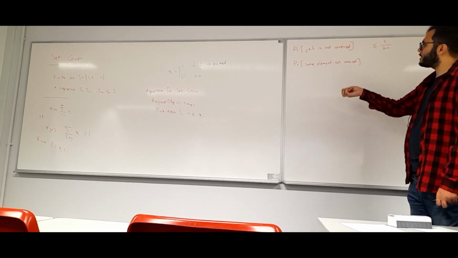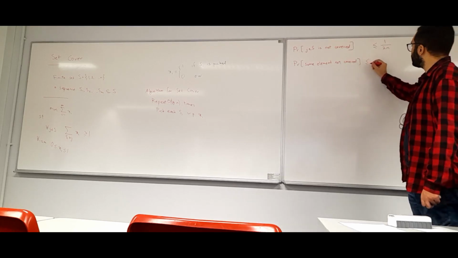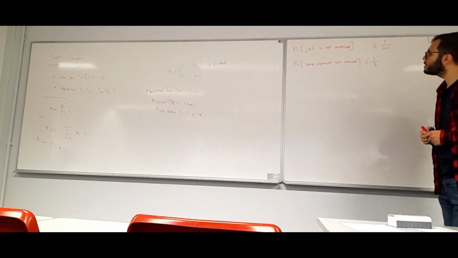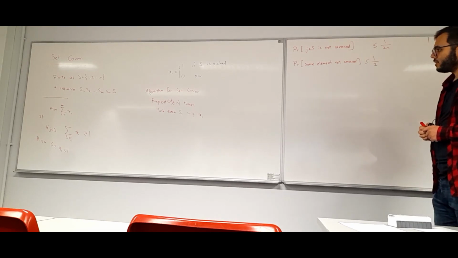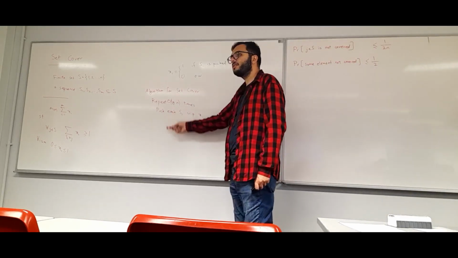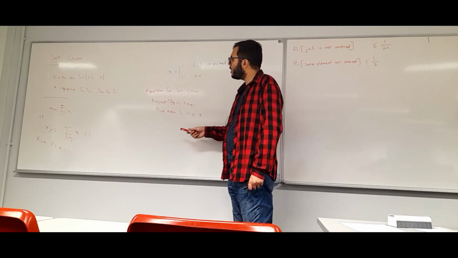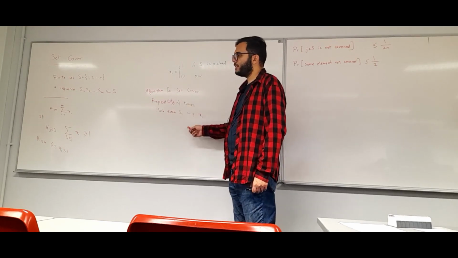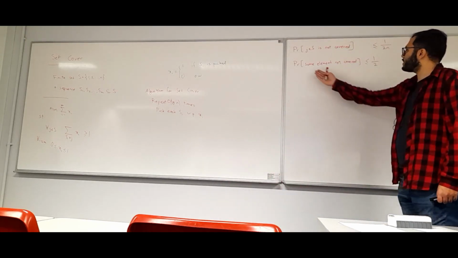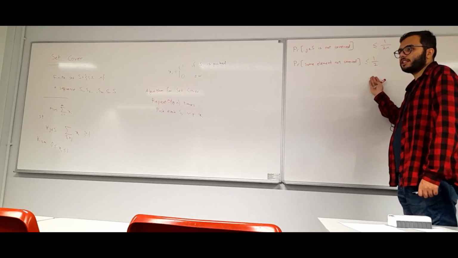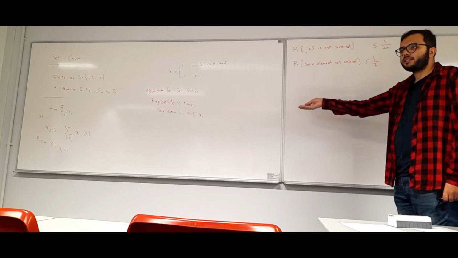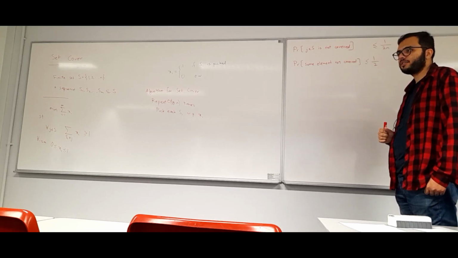So the probability that there exists some element that is not covered is going to be at most 1 over 2. Great. So now I know that this algorithm will cover all of my elements and will actually give me a set cover with probability more than a half. So this is the probability of the failure of the algorithm, which is less than or equal to a half. So the probability of success is more than or equal to a half.